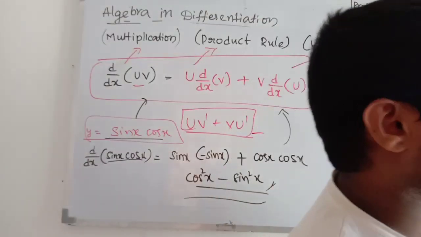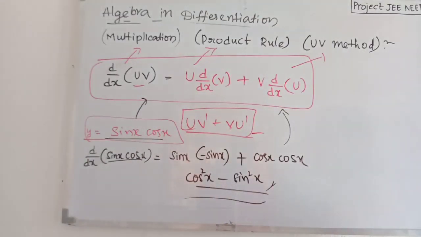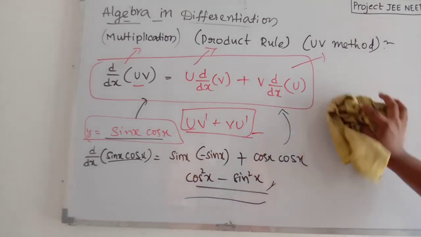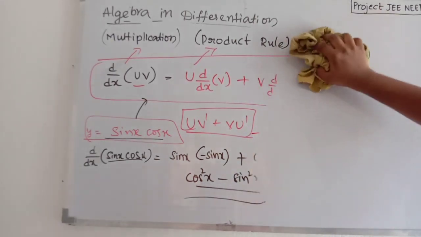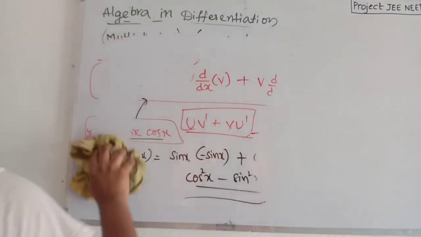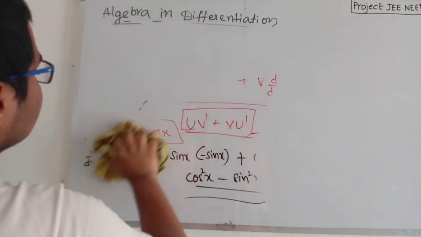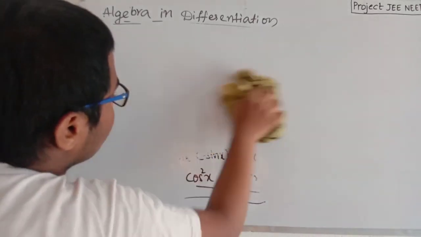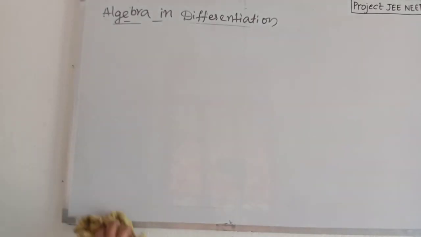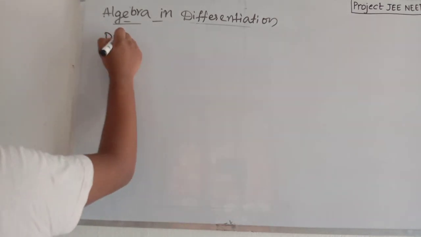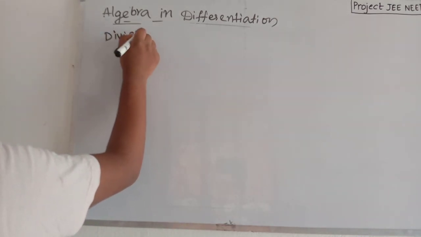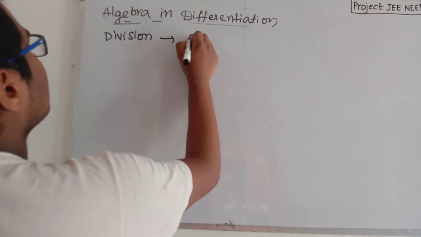So without any waste of time, let's go to the division in differentiation. We have completed 3 models, which are addition, subtraction and multiplication. Multiplication rule is also known as product rule. So then obviously the division rule is also known as quotient rule.